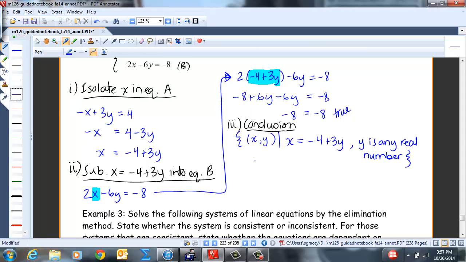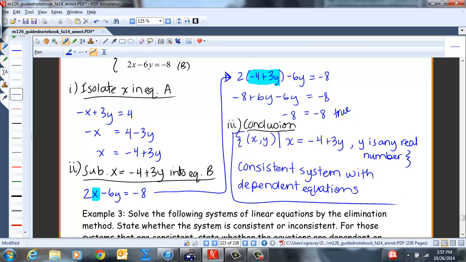So it is considered to be a consistent system with dependent equations because they're collinear. Okay?